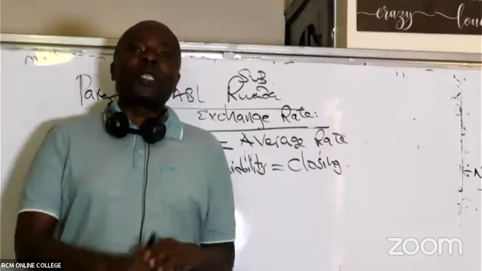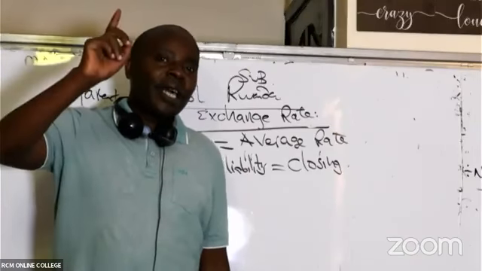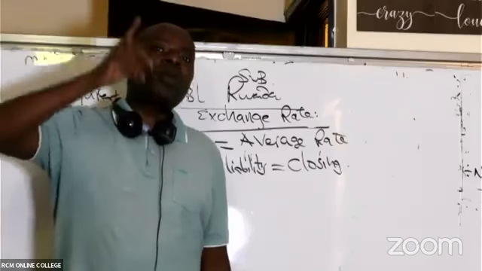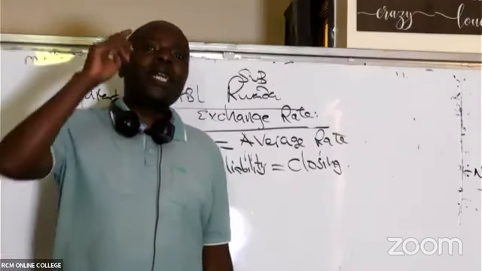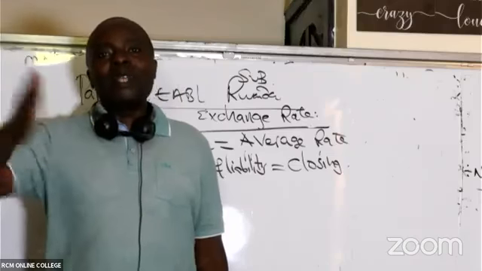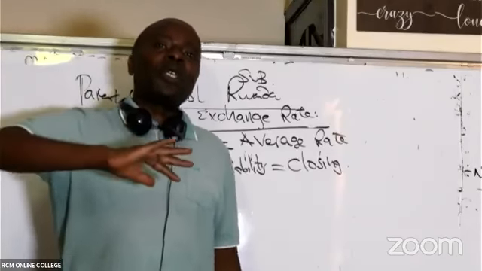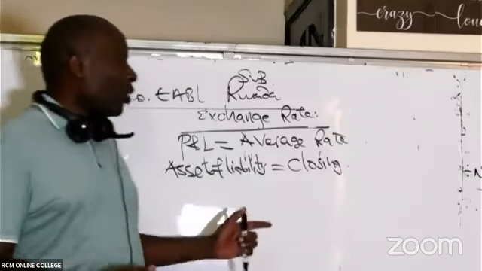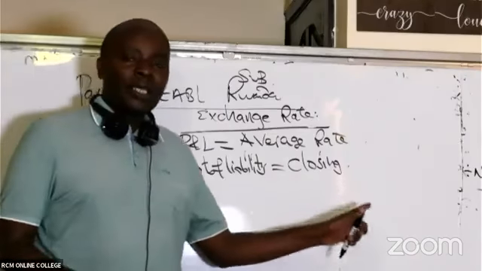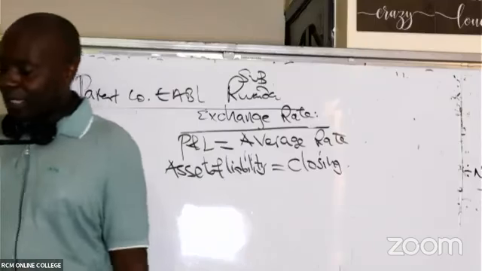Translating them, we shall use the acquisition rate, that historical rate. At the date of acquisition, there was an exchange rate existing. That is the one that I shall use. And then, of course, we have the closing end of year net assets, for which we shall use the closing rate. So this will become so clear as we do these illustrations.